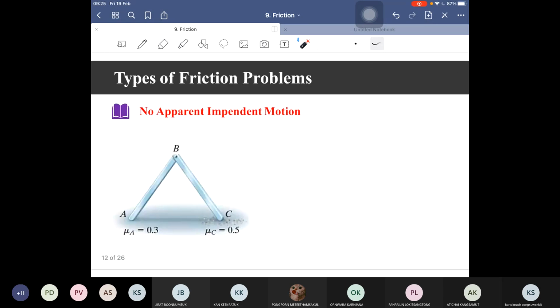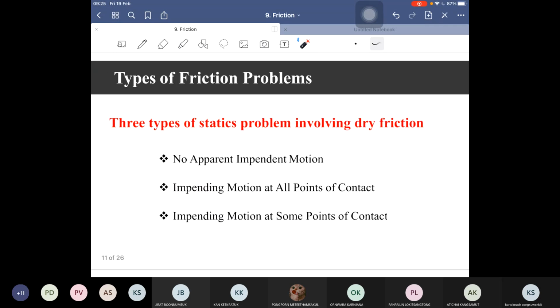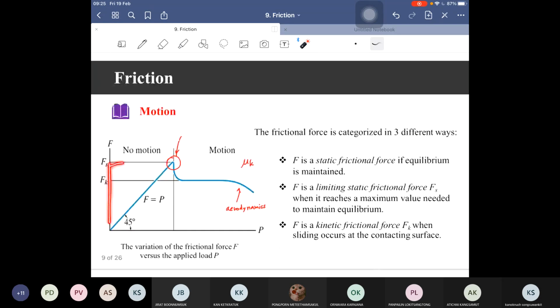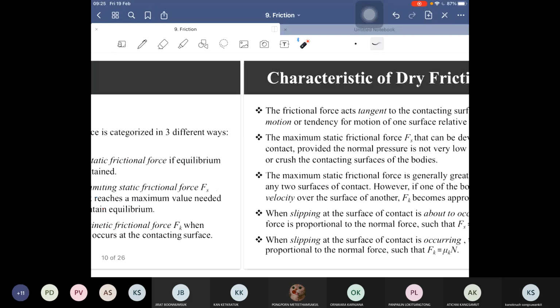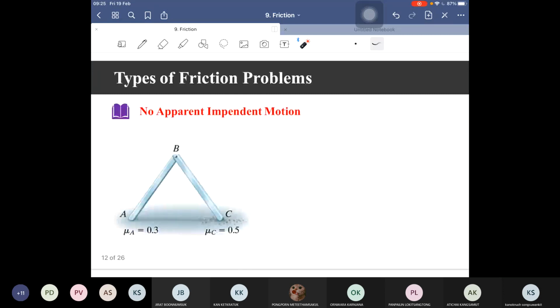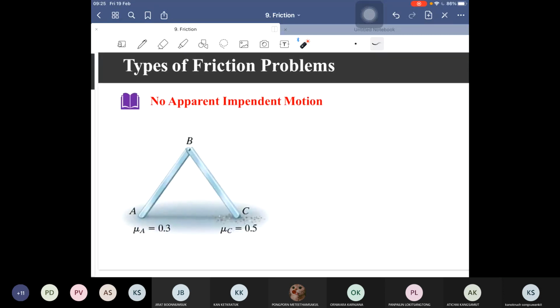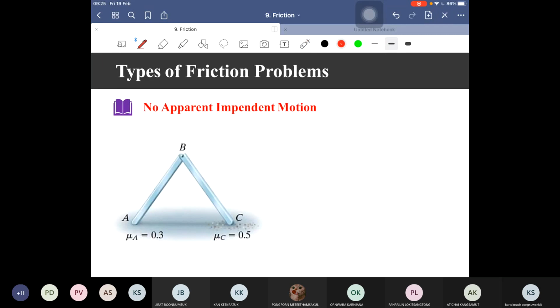Let's see the first case. In the case of no apparent impending motion, or the first state of this graph, the object is in an equilibrium system. So of course, at this state, the frictional force that happens between the contact surfaces is static friction, Fs.